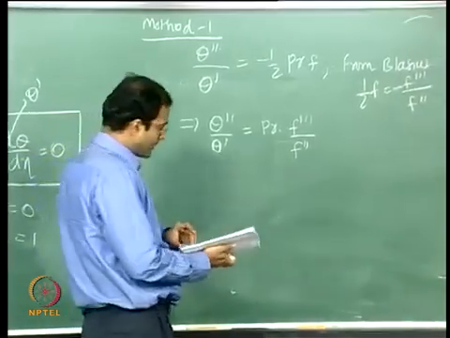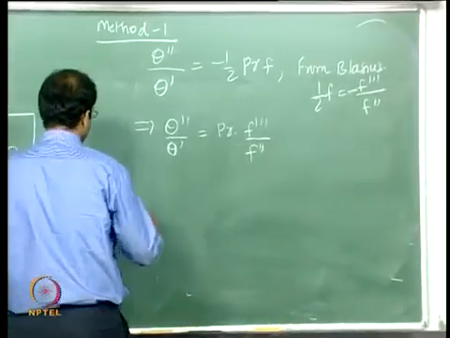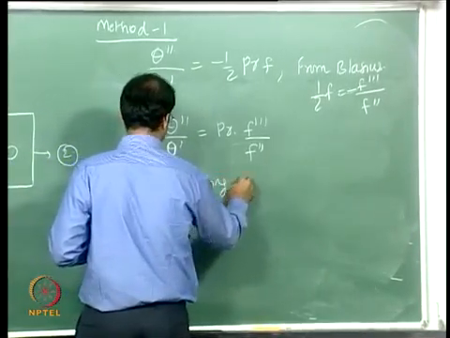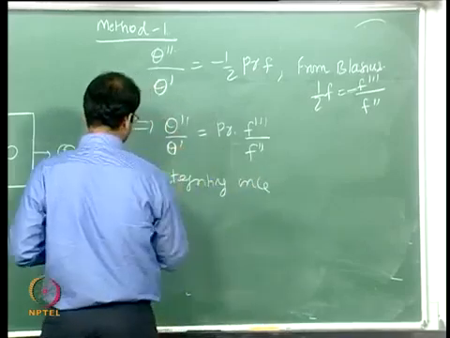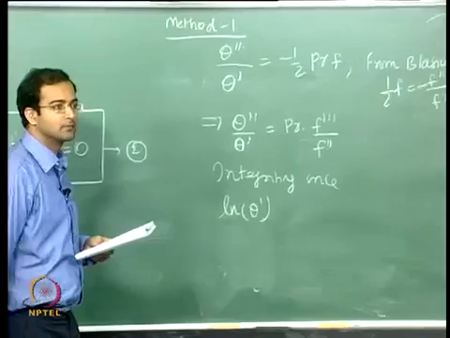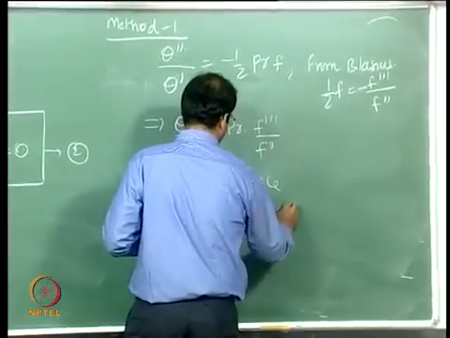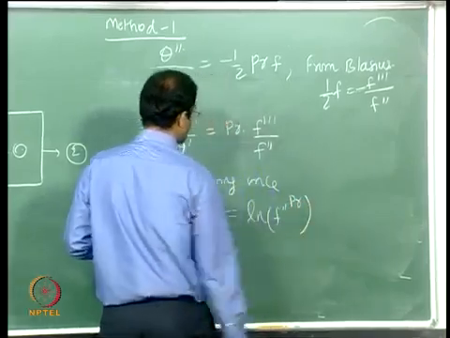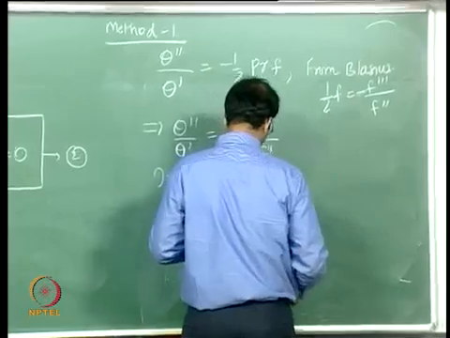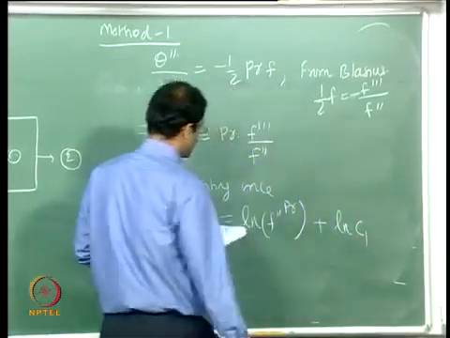If I now integrate once with respect to eta, this will be ln of theta prime, which should be equal to ln of f double prime to the power Pr, plus some constant which I will write as ln of c1.